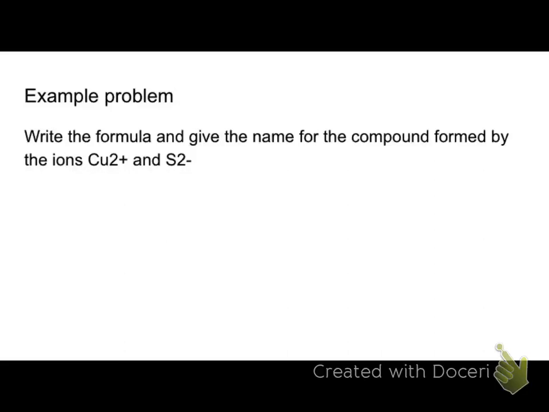Here's the problem we left off with yesterday. We're going to start with the simple part, which is the name. Our cation is copper, so in the name, that comes first. So we're going to write copper.